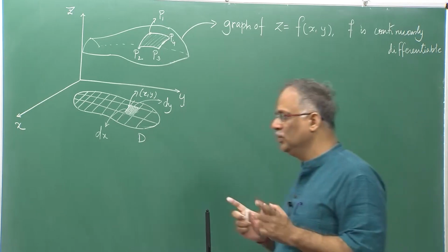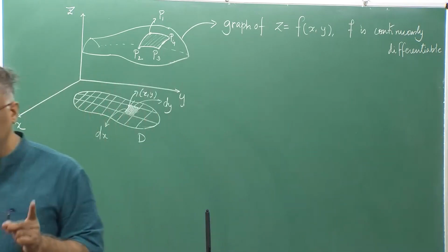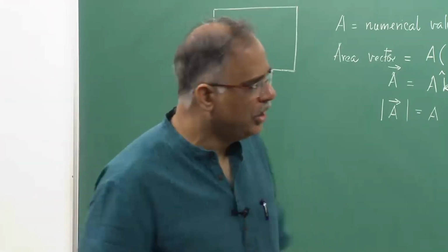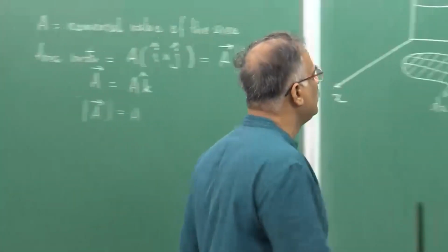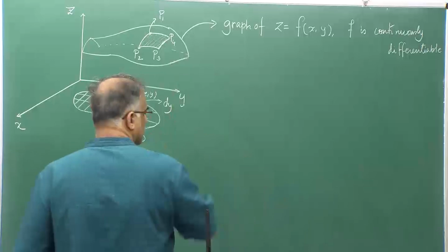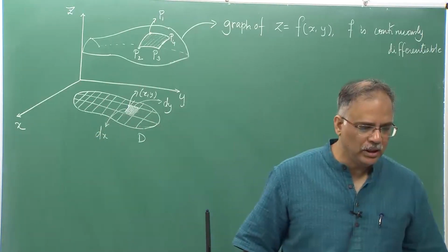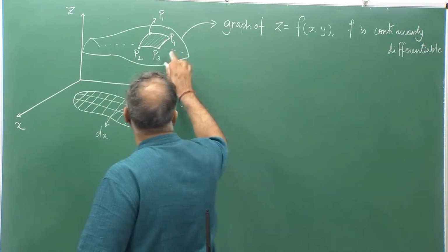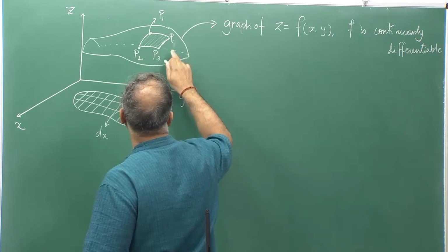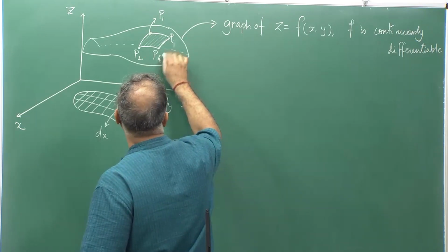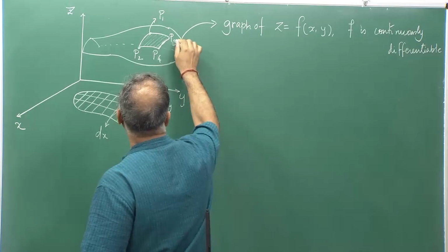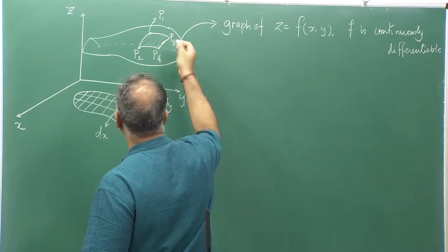Area is a very important notion. It is very intuitive, but it is not so simple to really formalize. So, here I have an infinitesimal parallelogram. I will circle it: P1, P2, P4, P3. I am just going by the book.